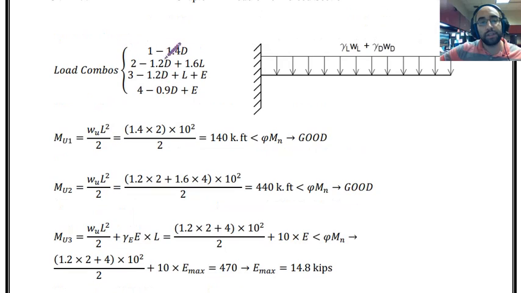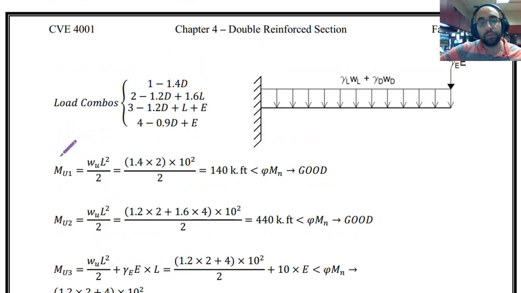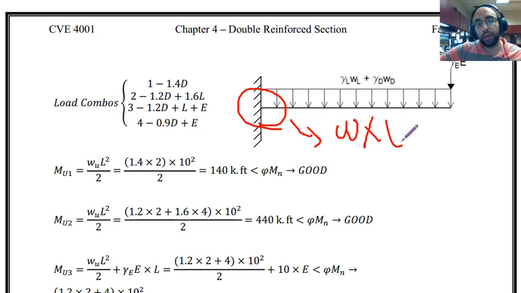So let's consider the first situation. The first maximum or the first ultimate moment for this load is just based on 1.4 dead. Dead load is the distributed load, and as you can see for a cantilever beam, we know the maximum moment is happening over here, and that is the load multiplied by length squared over 2.